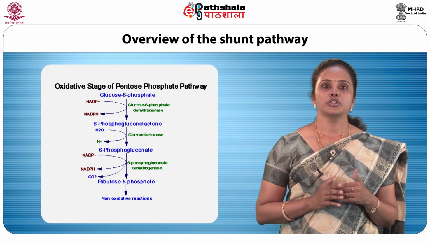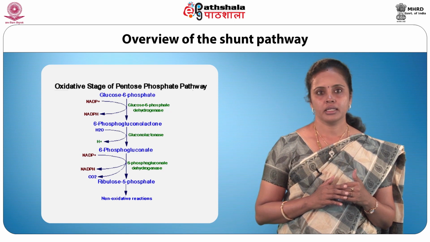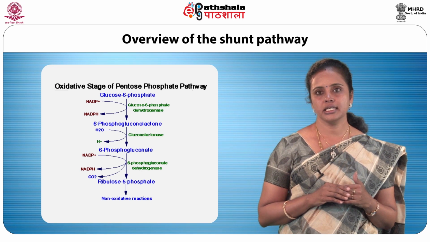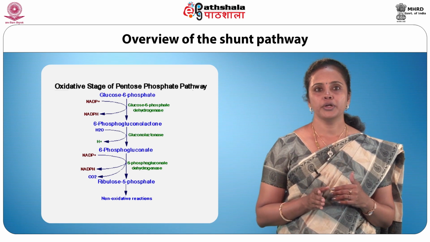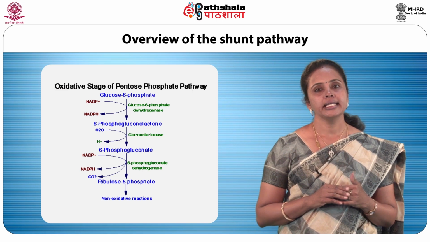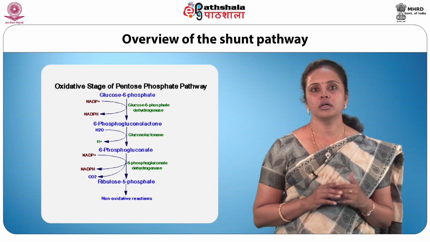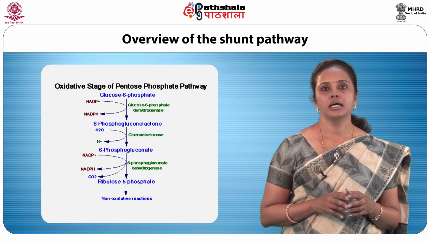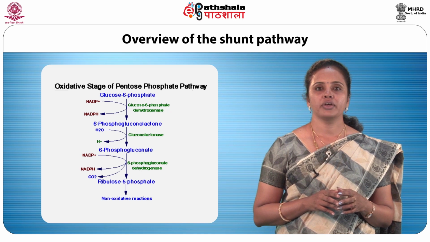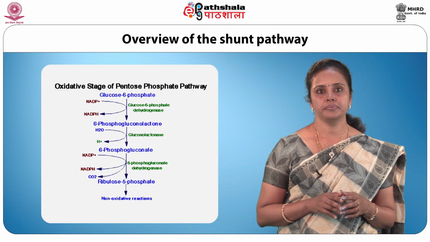Again, let us see the stage 1 of the oxidative phase. This figure shows the steps involved. In step 1, glucose 6-phosphate is oxidized by NADP plus to produce 6-phosphogluconolactone. In this reaction, 1 molecule of NADPH is formed and regulation is effected by the glucose 6-phosphate dehydrogenase enzyme.